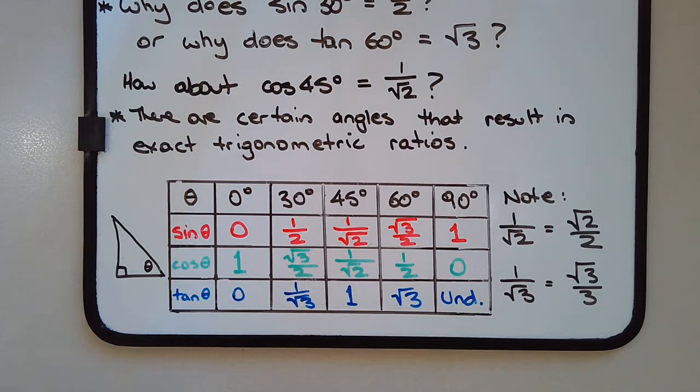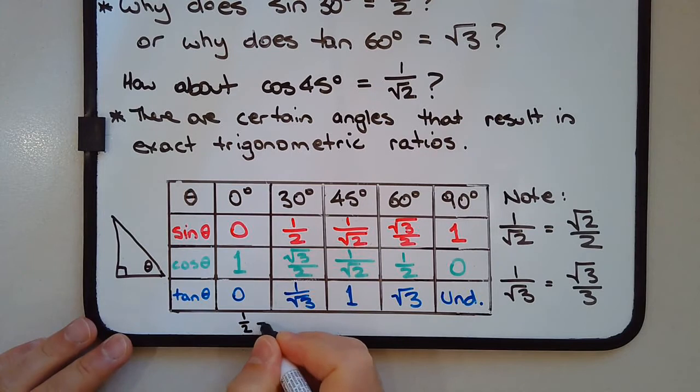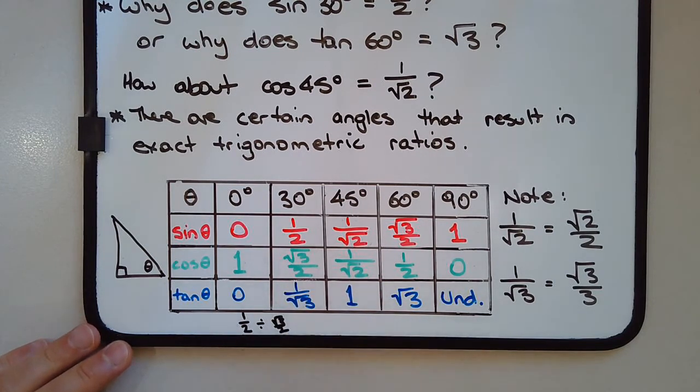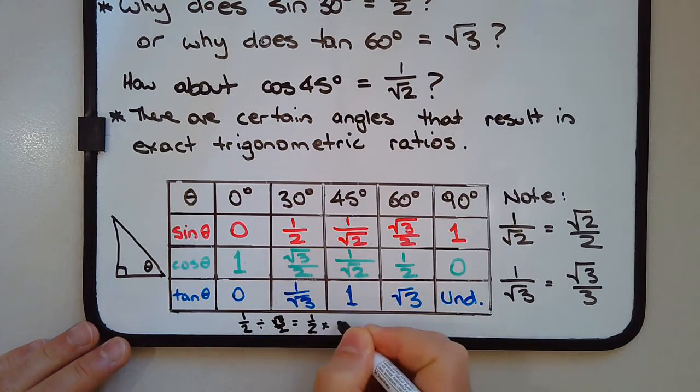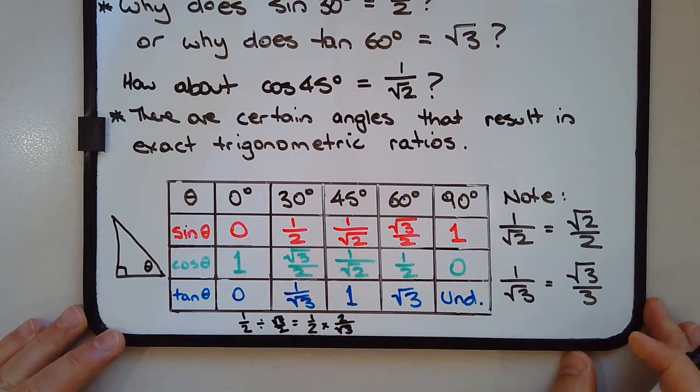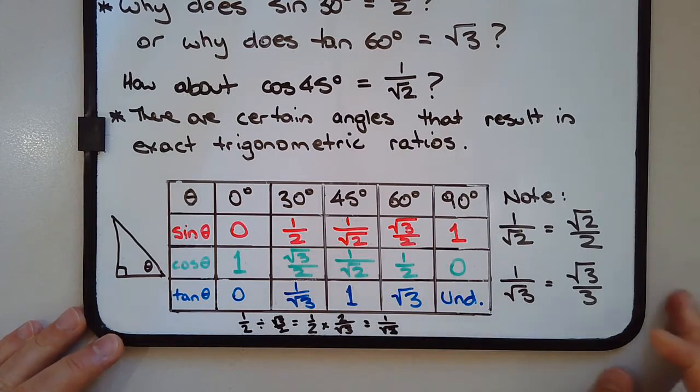Okay, so I might just do that here just so you can see what I mean. 1/2 divided by root 3 on 2 is equal to 1/2 multiplied by 2 over root 3. Okay, the 2's cancel and you end up with 1 over root 3.